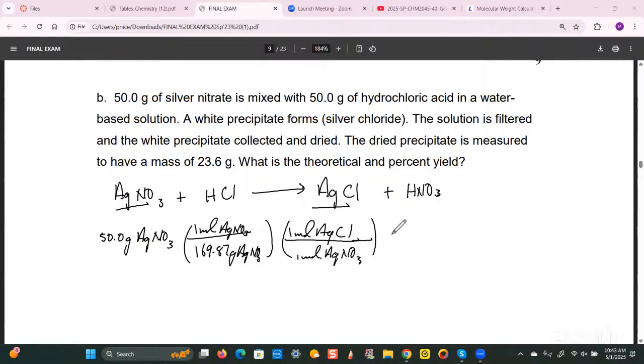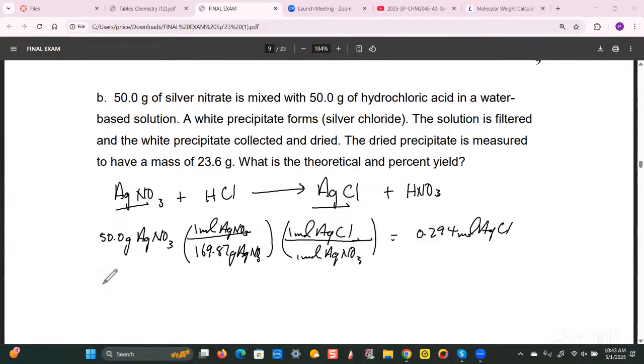And we do that calculation, so that's 50 divided by 169.87. And that gives 0.294 moles of AgCl, right?